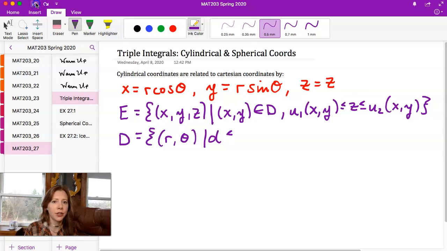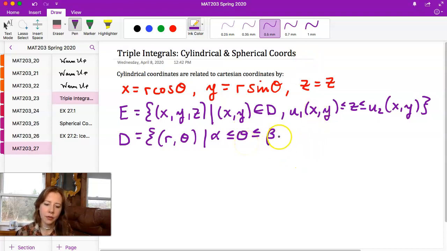I can't read my handwriting super well. Okay, so this is an alpha, which makes a lot more sense. Alpha is less than or equal to theta is less than or equal to beta. Okay, so that's going to be our theta. And then relating to r, we're going to have some function of theta for our lower bound. It's less than or equal to r is less than or equal to some function of theta, h2 for our upper bound.